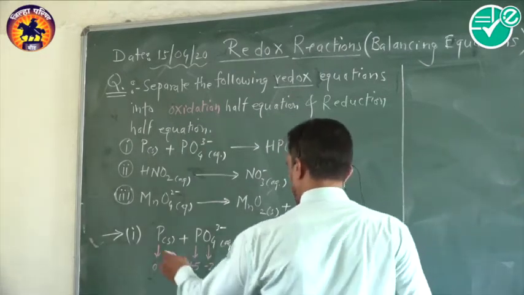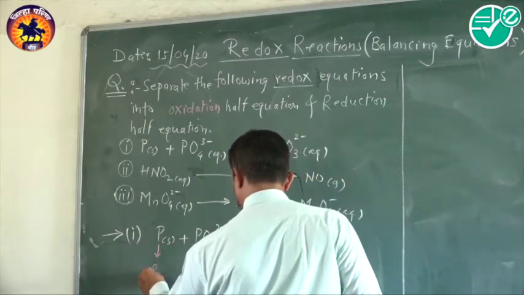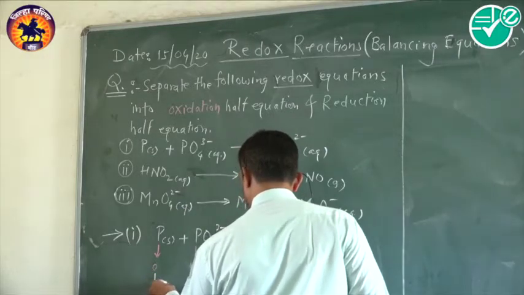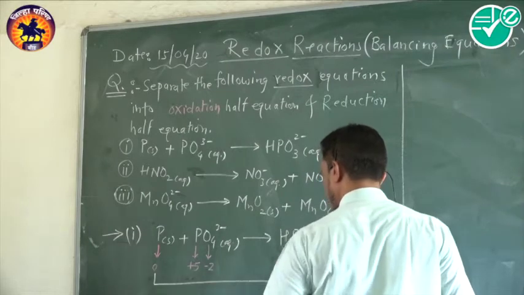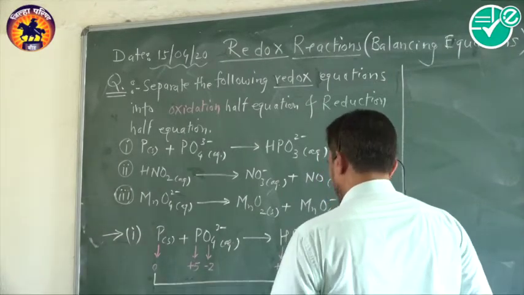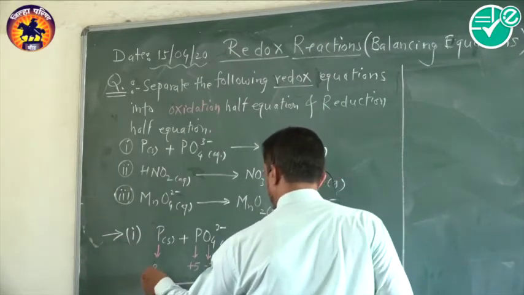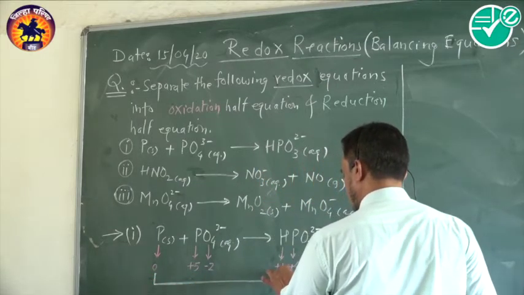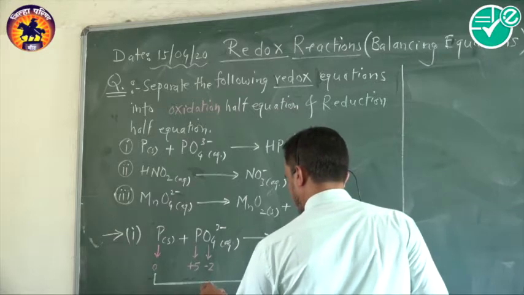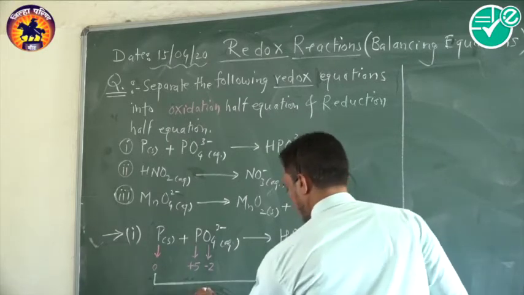Look here: the phosphorus in the reactants has oxidation state 0, which changes to +4. As the oxidation number increases, the reaction is called oxidation.